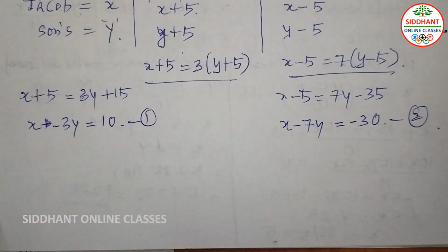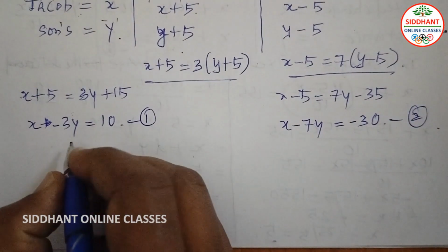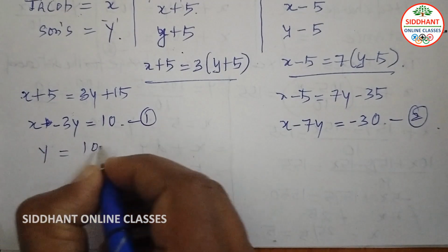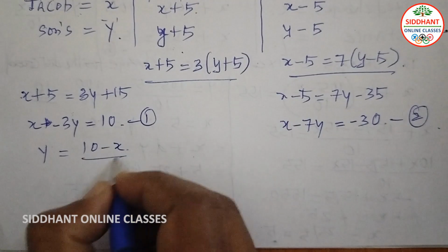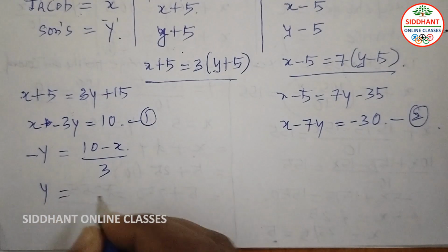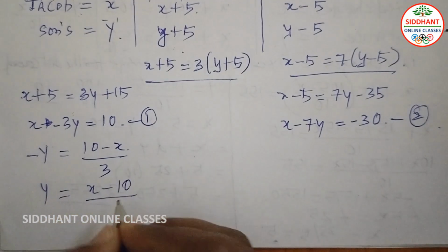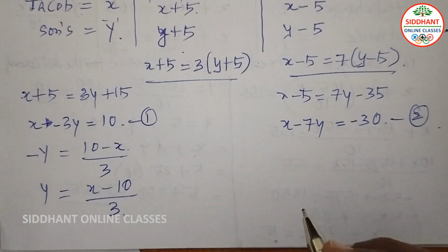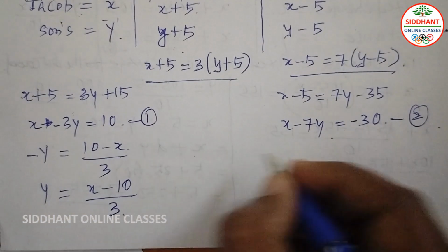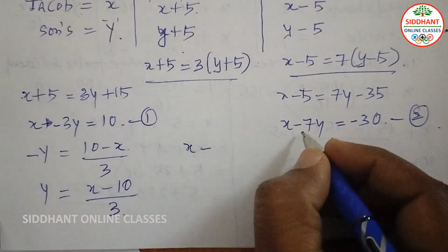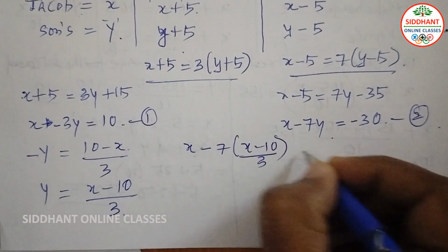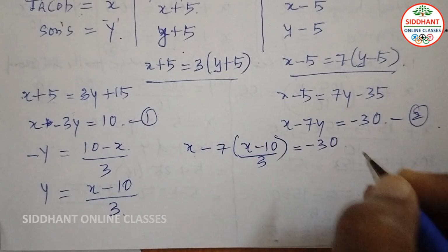Now y value we are going to see, y equal to x minus 10 by 3 here. So now this we are going to input here, that will be x minus 7 into x minus 10 by 3, that equal to minus 30 here.